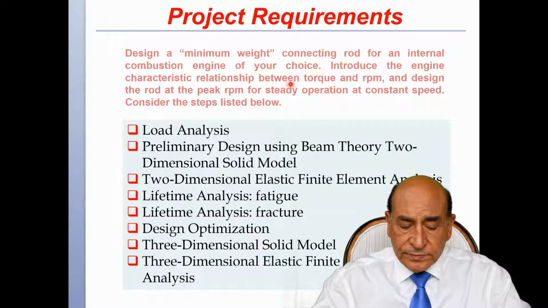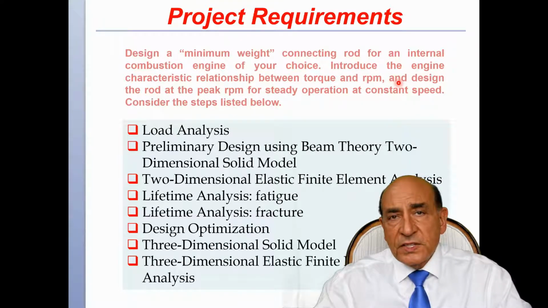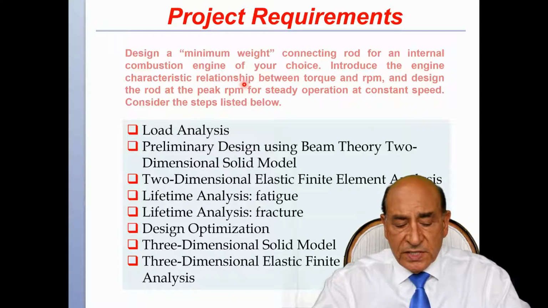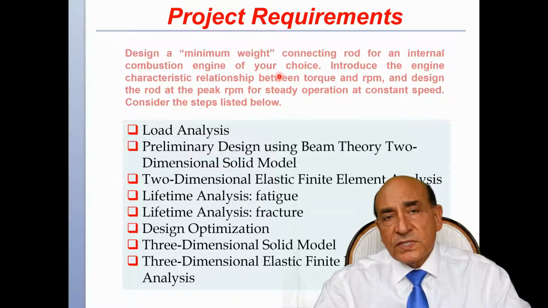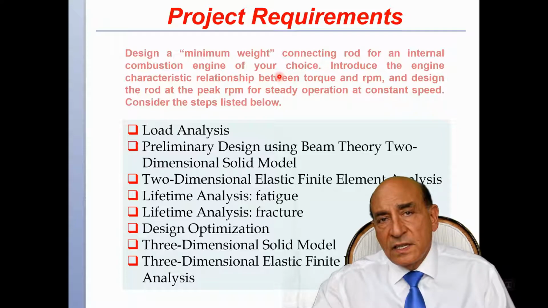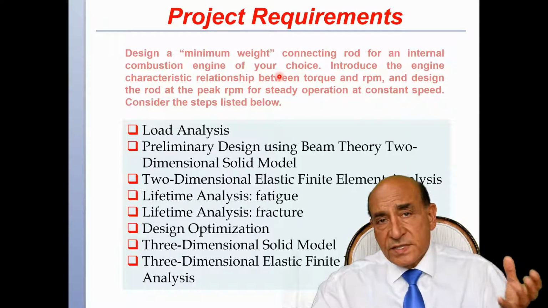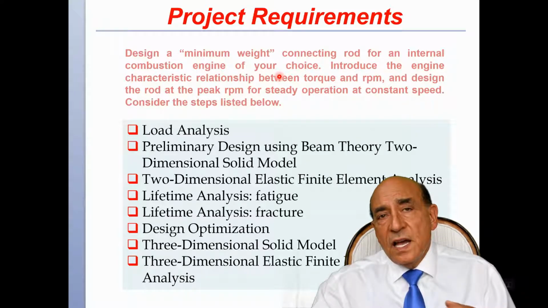And the first thing you want to do is find information on the engine characteristics, which is a relationship between the value of the torque, that's the forces on different parts of the engine, and the RPM.